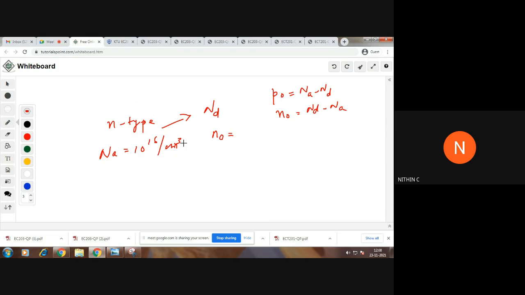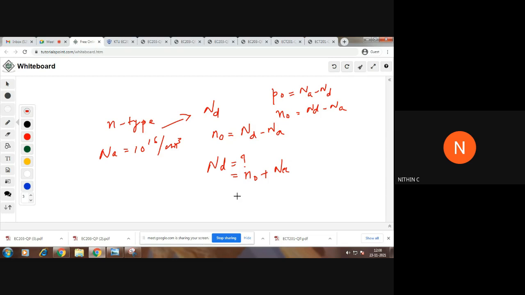So in this case, since the material is n type, the majority carrier concentration n0 will be Nd minus Na. Since you need to find Nd, it can be written from this expression as n0 plus Na.